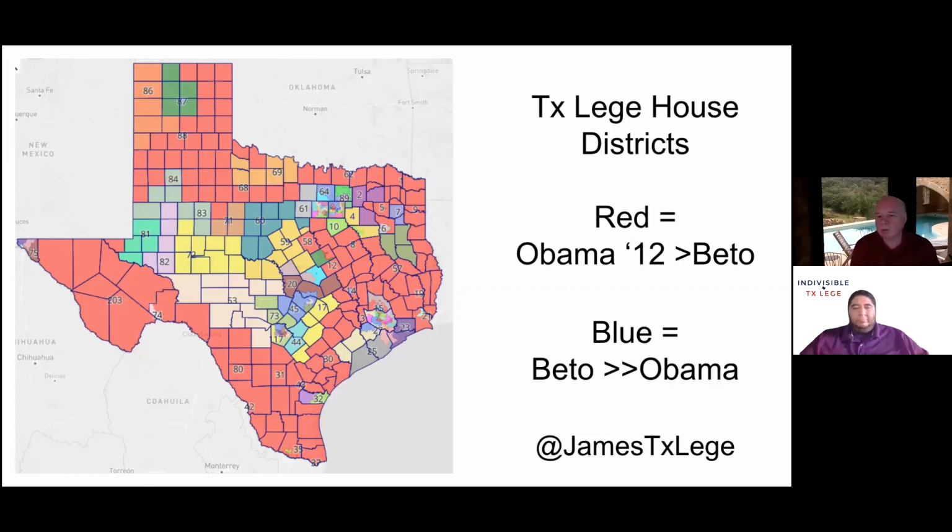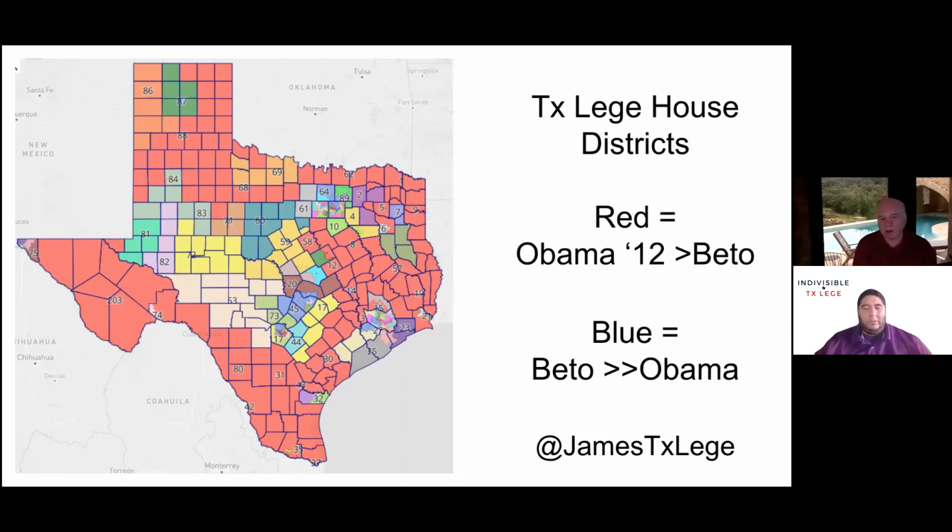And so the specific thing I decided to concentrate on here, that I worked a little bit on earlier in the week, is which Texas House districts didn't really move much toward Beto in 2018, and some of them, about a sixth of the districts, actually backed Obama more than Beto.